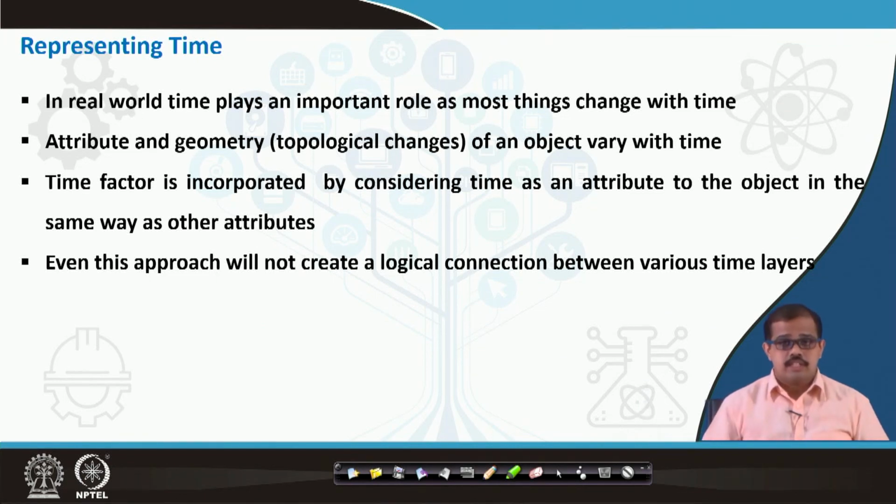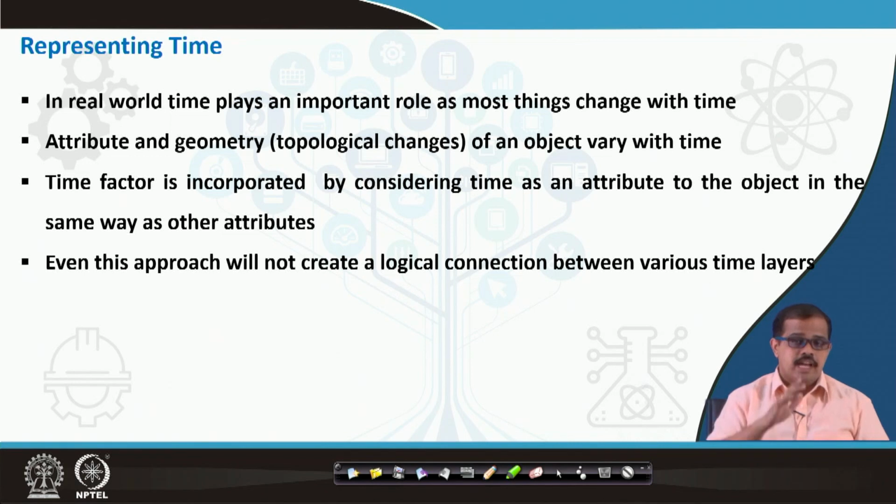So, this has to be incorporated, considering time as an attribute, every 5 years as I said. So, that becomes an attribute of the object in the same way as the other attributes. Even so, this particular approach will not create any logical connections between various time layers, but it gives you meaningful information on how things have evolved over time.